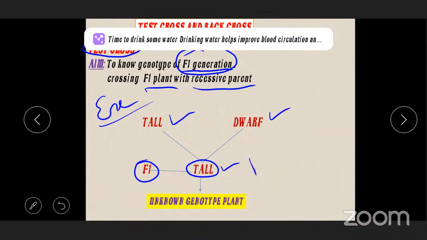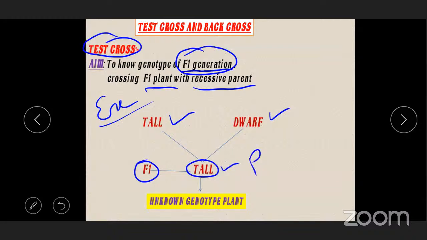We know the phenotype of the F1 plant, but we don't know the internal genetic makeup of the F1 plant. That internal genetic makeup is known as the genotype of the F1 generation.